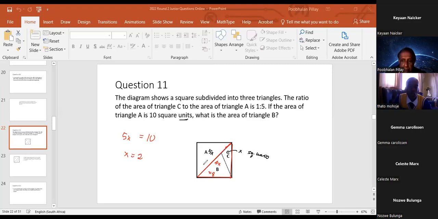Bearing in mind that this diagonal cuts, actually, in any parallelogram, the diagonal always cuts the parallelogram into two equal areas. As long as the opposite sides are parallel, you have a parallelogram, a figure with opposite sides parallel.